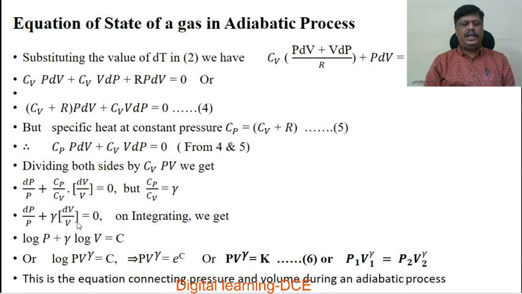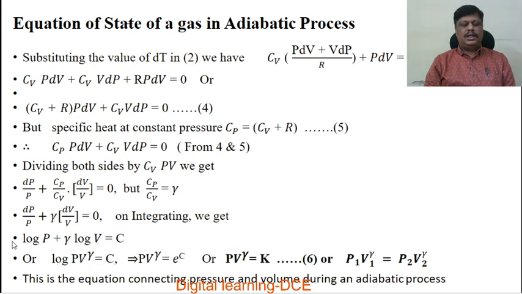Next, integrate this equation, we get integration of 1 by P dP is log P plus gamma into integration of 1 by V dV gives log V is equal to C. So log P plus gamma log V is equal to C, or log PV to the power of gamma is equal to C, that is constant.